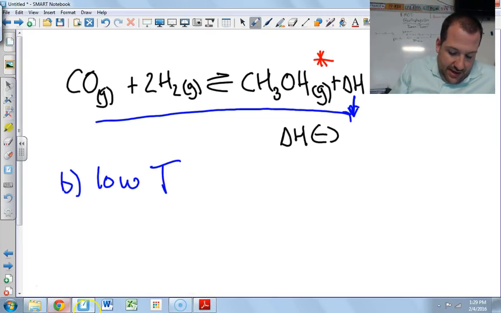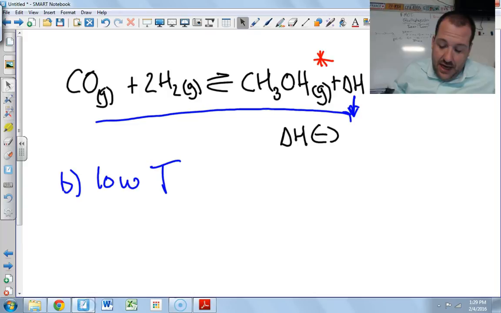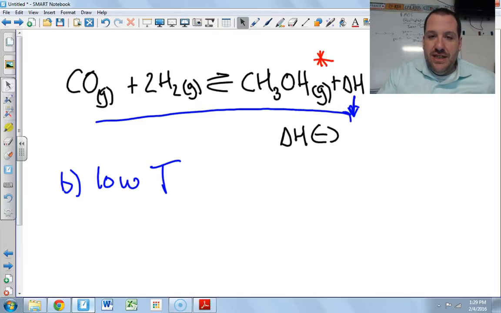Now, the other question says, should we do it at high or low pressure? Well, remember, Le Chatelier's principle states that if you increase the pressure, it's going to shift to the side that has the smaller pressure.